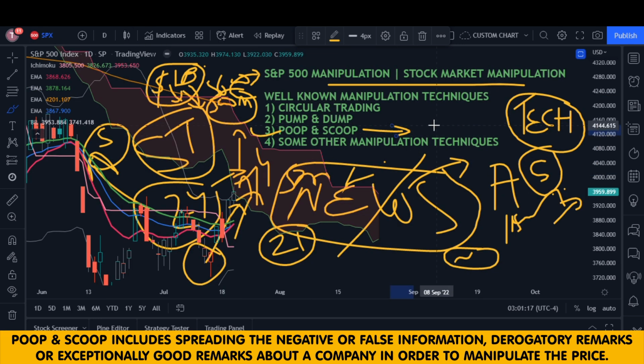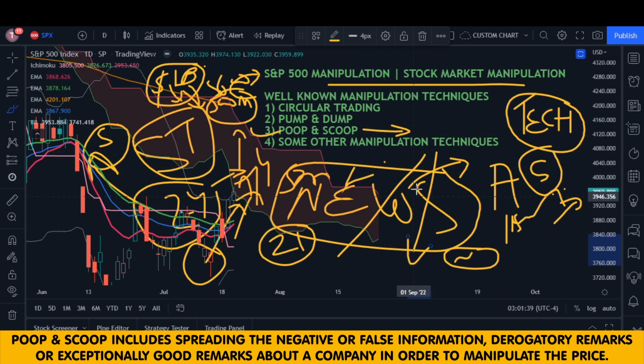So poop and scoop. Generally it means spreading some news, some information, generally false, untrue, bad information about a company or a business, so that the stock price will collapse or come down.